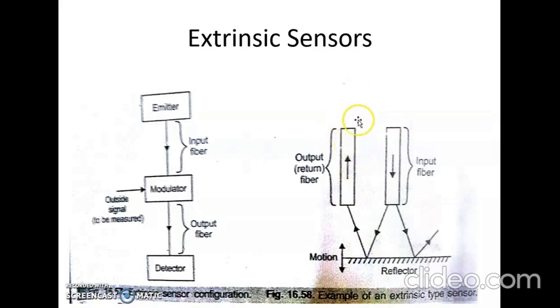Therefore, the intensity of light at the output side of the output fiber gives the value of the displacement or motion of the reflector. So here the displacement of the reflector is measured in terms of change in the intensity of light at the output side of the output fiber.